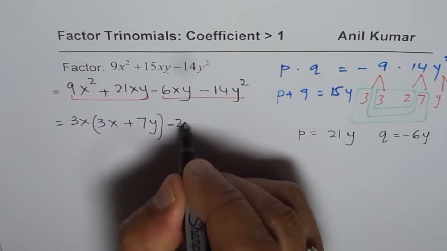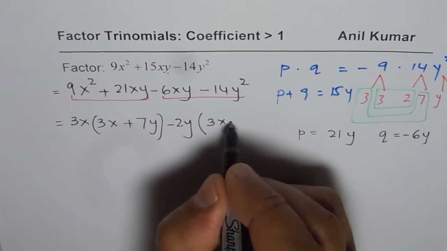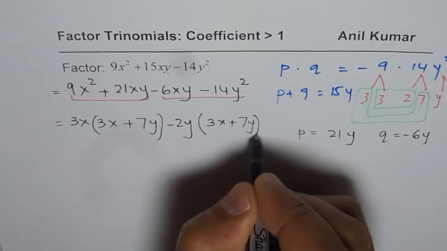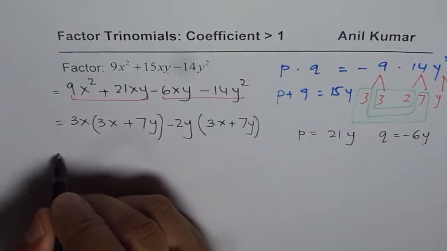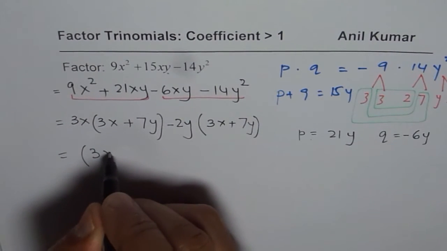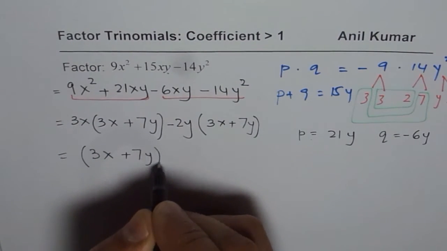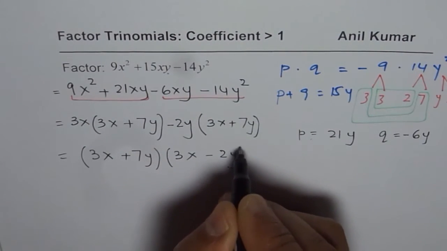So minus 2y is a common factor. We get again 3x plus 7y. Remember, this is negative, so that sign should be changed. Now as you can see, 3x plus 7y is a common factor, correct? And we get 3x minus 2y.